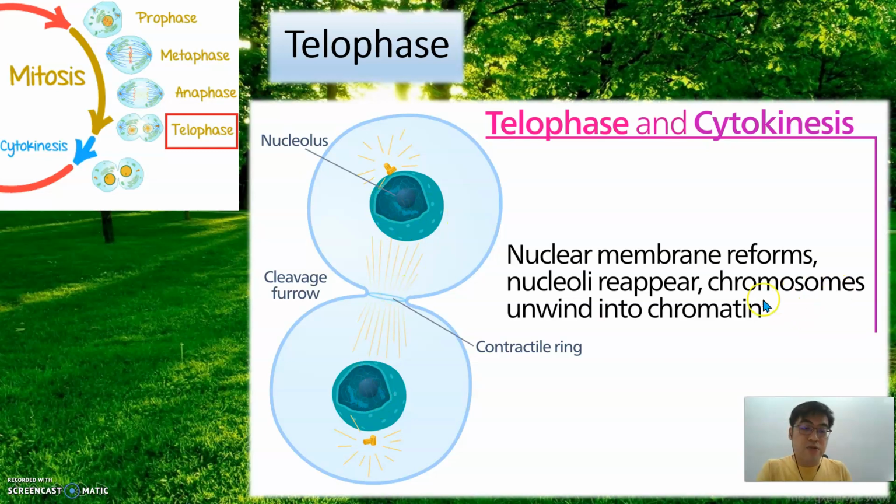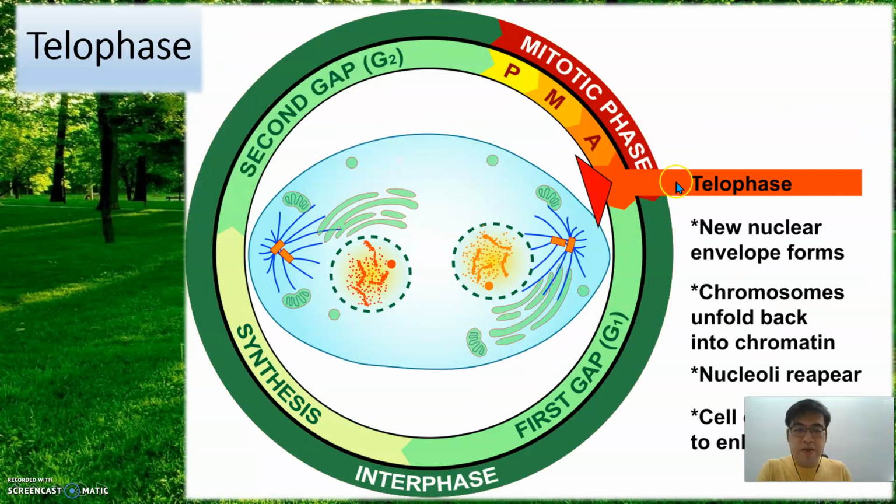And of course, the chromosomes will now unwind back into chromatin. So in this diagram here, as you can see, the new nuclear envelope will slowly reform, and the chromosomes will unfold back into chromatin. And the two nucleoli will reappear.